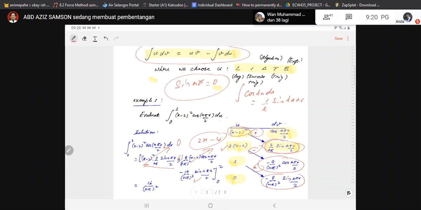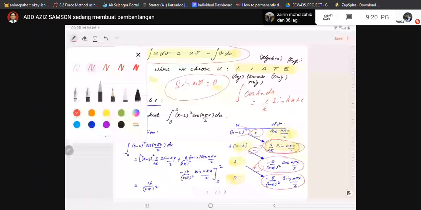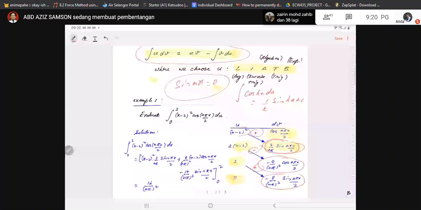And when you substitute x equals 0, this will also be 0 because sine 0 is 0. This is also 0.